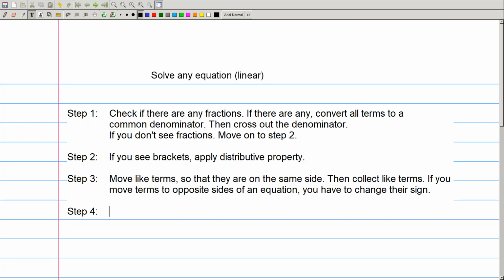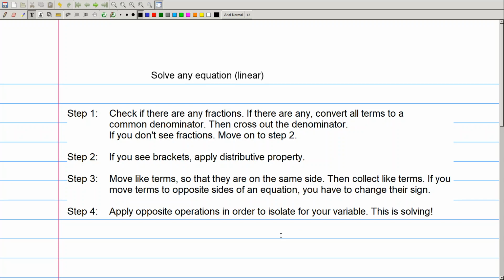Okay, step 4, once you move and you collect, then apply opposite operations in order to isolate for your variable. Okay, this is solving.